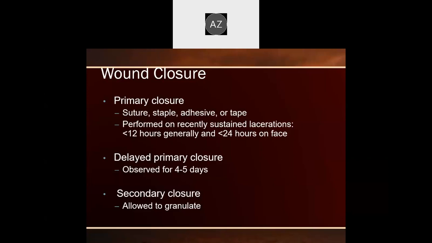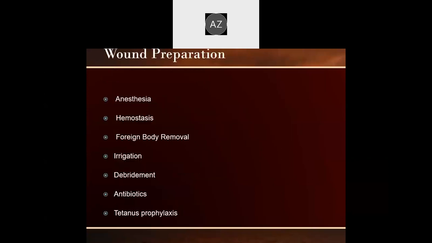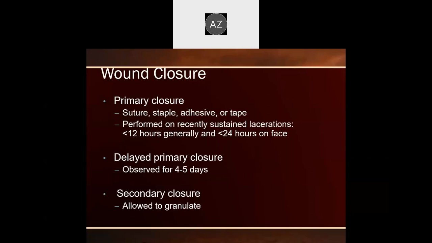And then we have delayed primary closure. This is observed for 4 to 5 days, and then the wound is closed after you've done what we've said here. So you close it after 4 to 5 days.